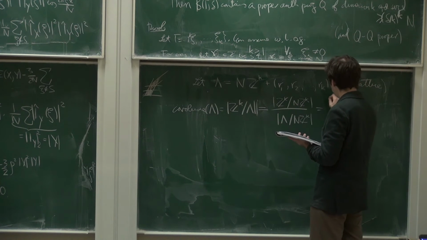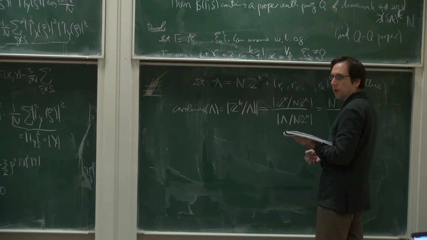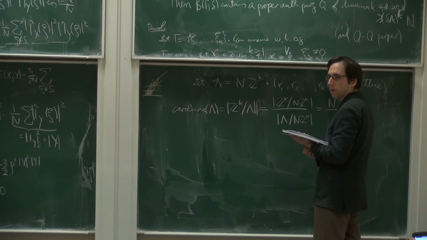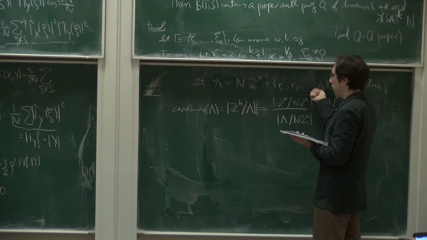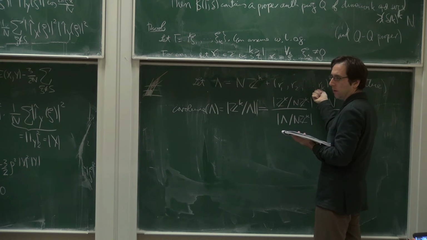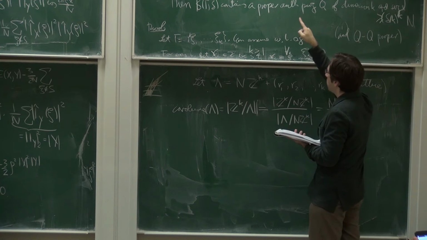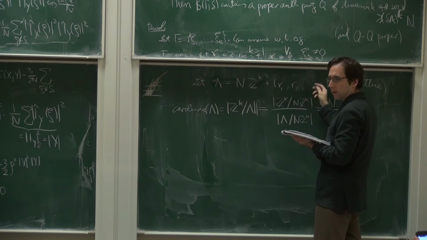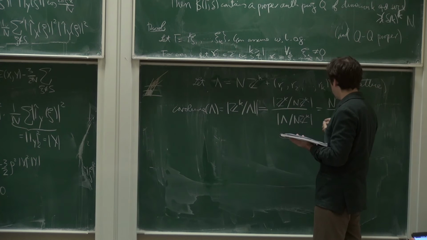Yes, n to the power k. And what is the order of lambda modulo nZ^k? There's just this one element which is not there, but its nth multiple. I should specify n is prime, yes. So its n multiple is going to be there. So this is n.